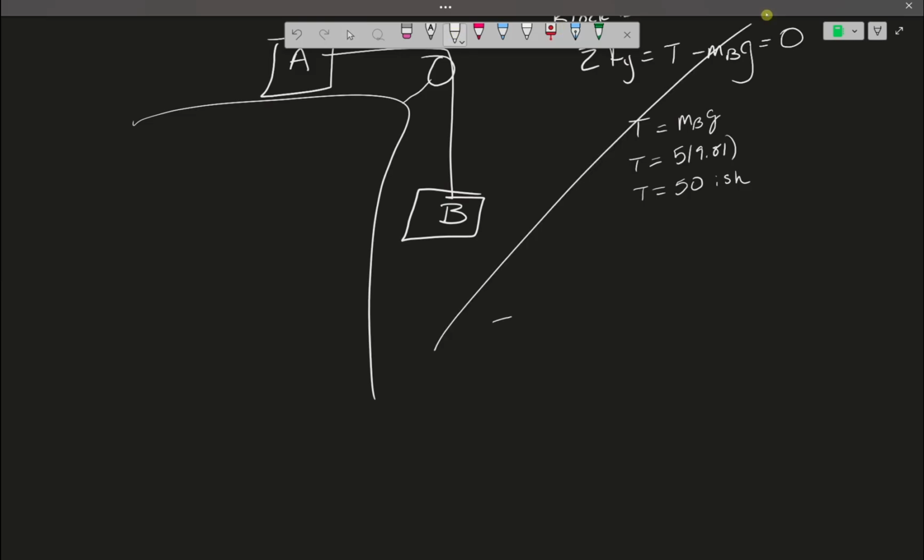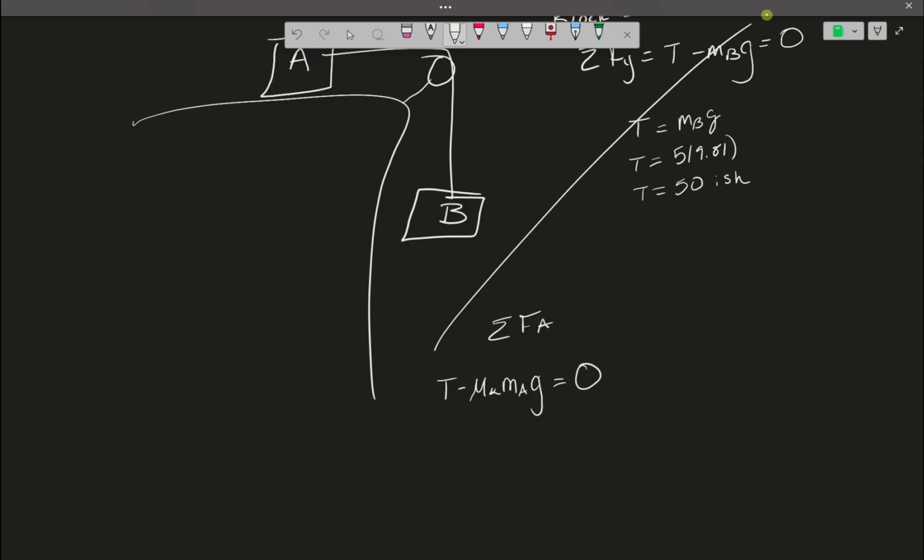I'm going to think about the forces on block A. So we had, I'm just going to rewrite the thing that was up at the top. Tension minus the coefficient of kinetic friction, mass of the object times G. And let's assume it's not moving.